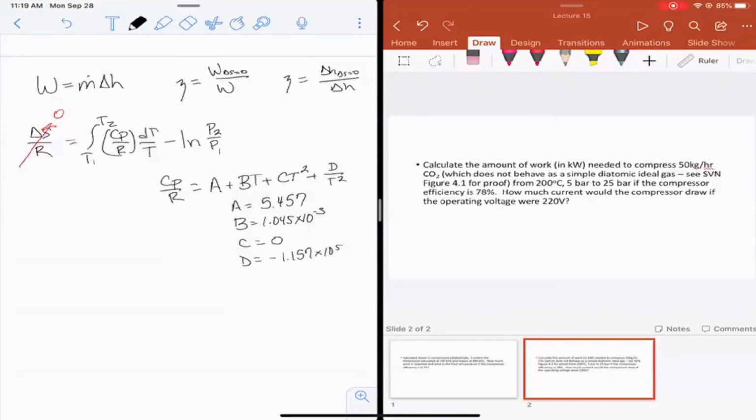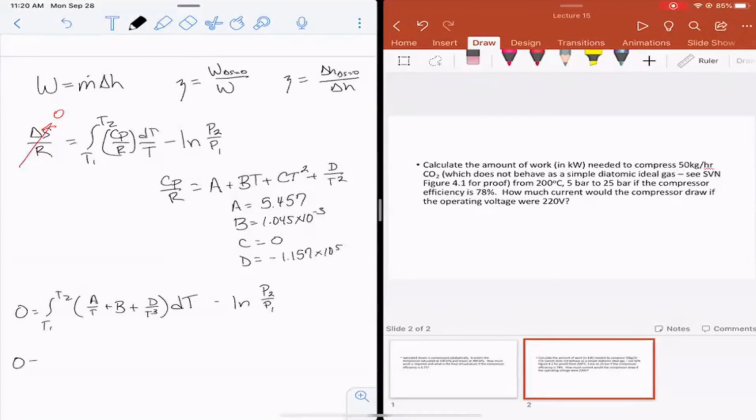And so if we plug this into our integral, 0 is equal to the integral from T1 to T2 of Cp over R, so this becomes A over T plus B plus D over T cubed dt, since C is equal to 0 and we don't have to take that into consideration anymore, minus the natural log of P2 over P1.